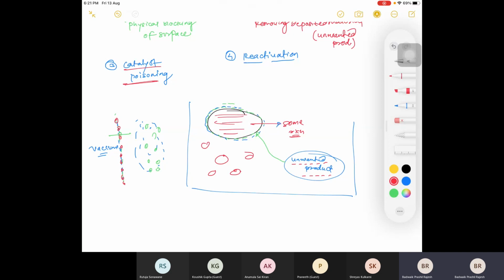Such a phenomenon is called catalyst poisoning. So you can write here it is a chemical adsorption, or just generally consider there is a chemical reaction. This process is called catalyst poisoning.